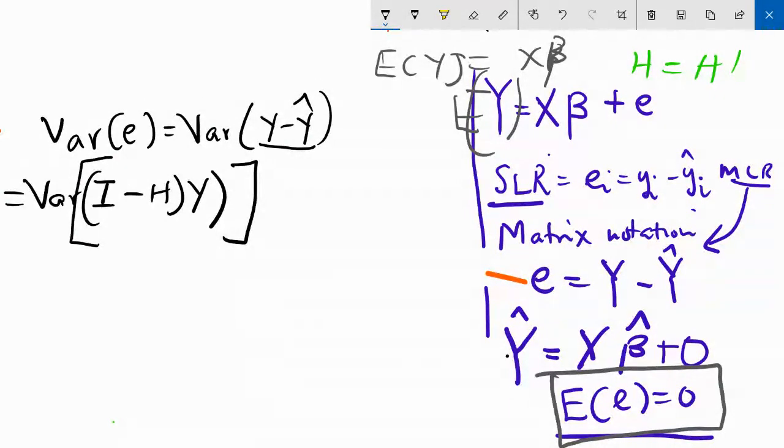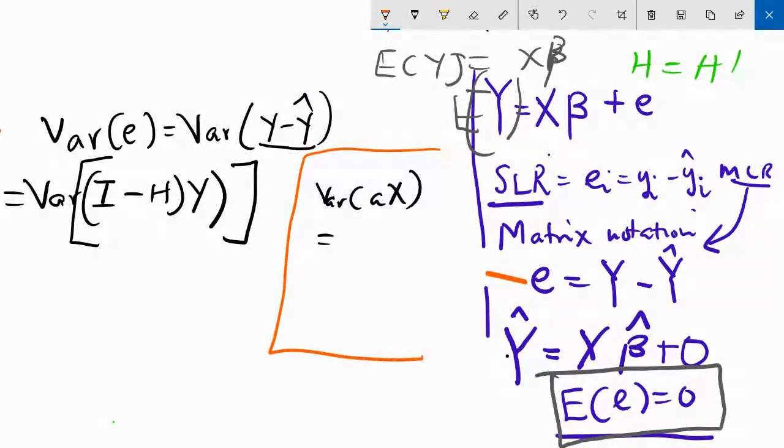And what is the variance of aX, given that a is a constant? This is the same as what? This does not have to do with the question. This is the properties of the variance. This is something else. Suppose you are asked to find the variance of aX, given that a is a constant.